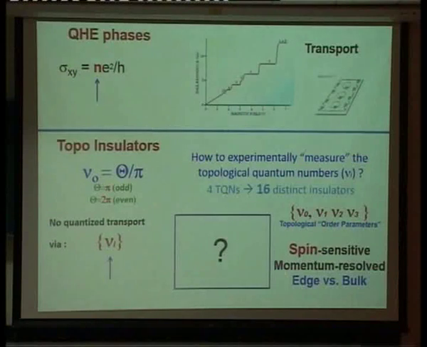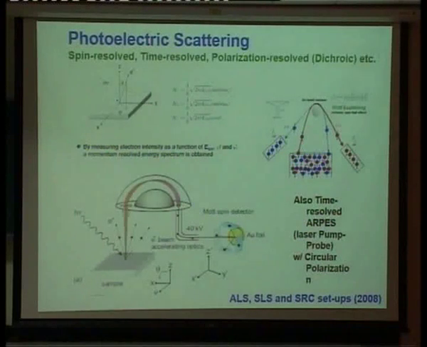So the approach we are taking, which we have already demonstrated and reviewed, is spin-sensitive momentum-resolved edge-bulk correspondence. It will just give you everything. We're using an advanced version of Einstein's photoelectric effect in all different directions: spin resolved, time resolved, polarization resolved, and we can do pump probe, look at the dichroic signal and all that by combining.